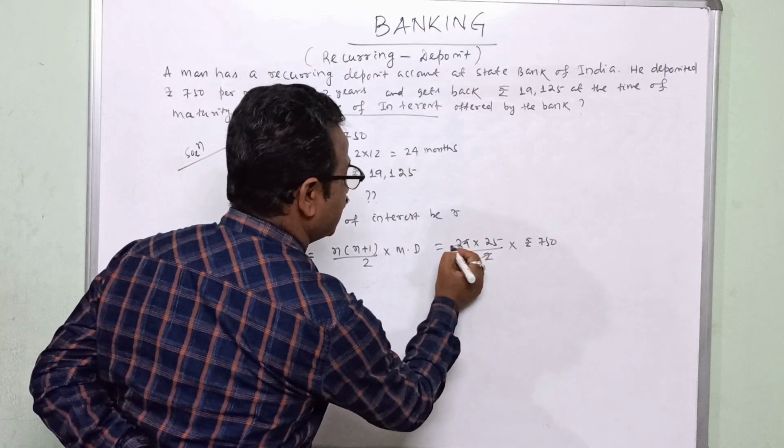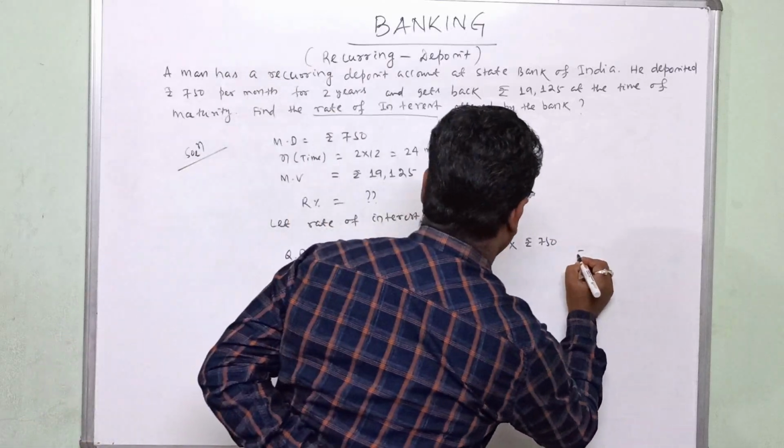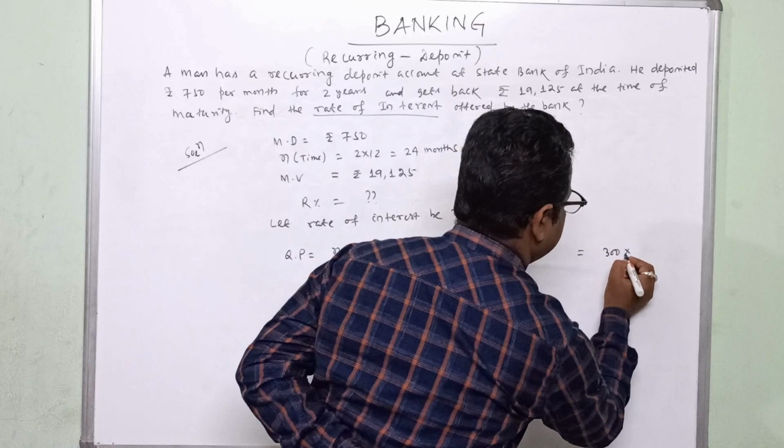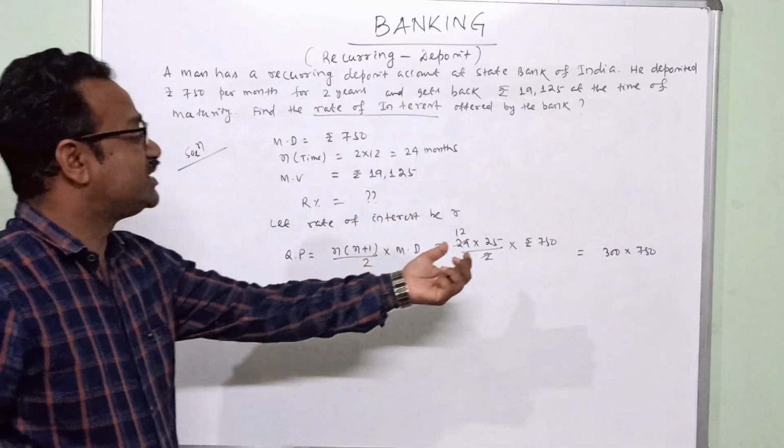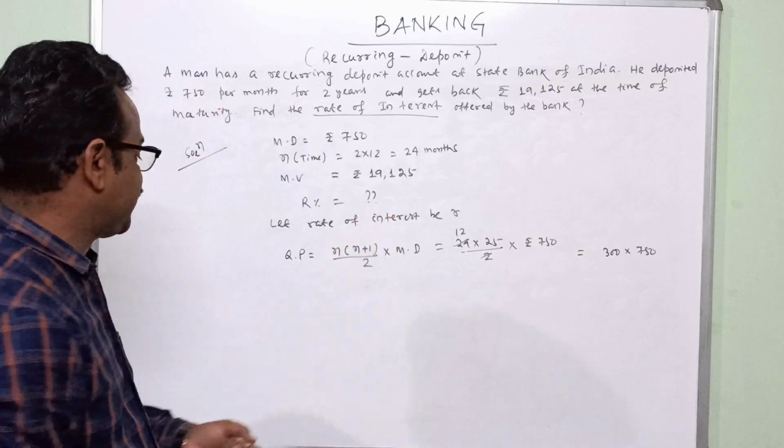So I can write here 12, that is equal to 300 into 750. So I am not multiplying it, keeping it in this form for the next step.